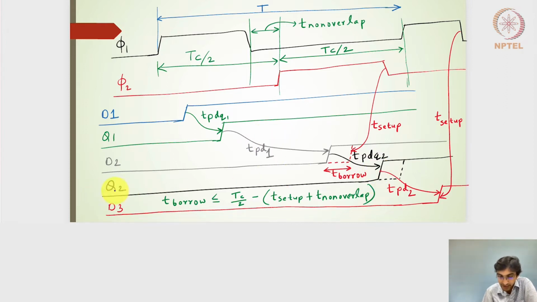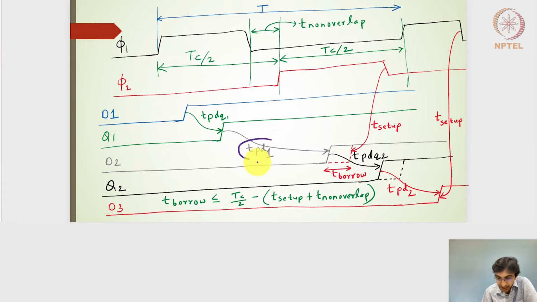The second latch output will come after the TPDQ2, and then the output of combinatorial circuit number 2 will come after its propagation delay. Right, this is the whole sequence of outputs generated after every block.